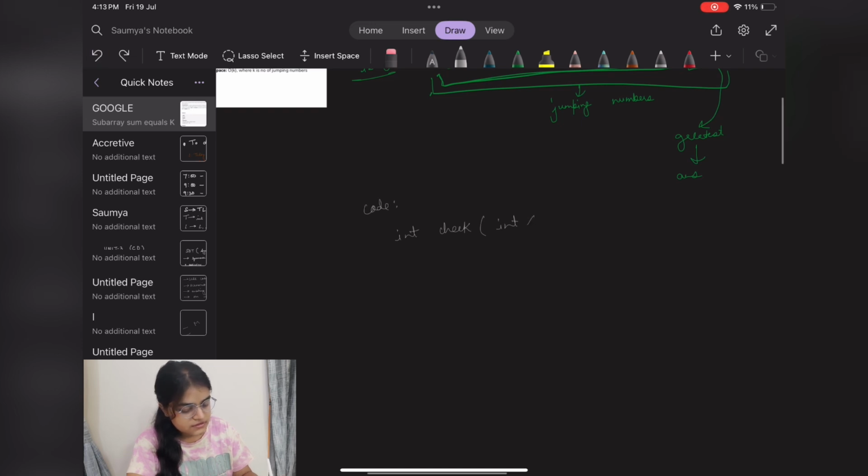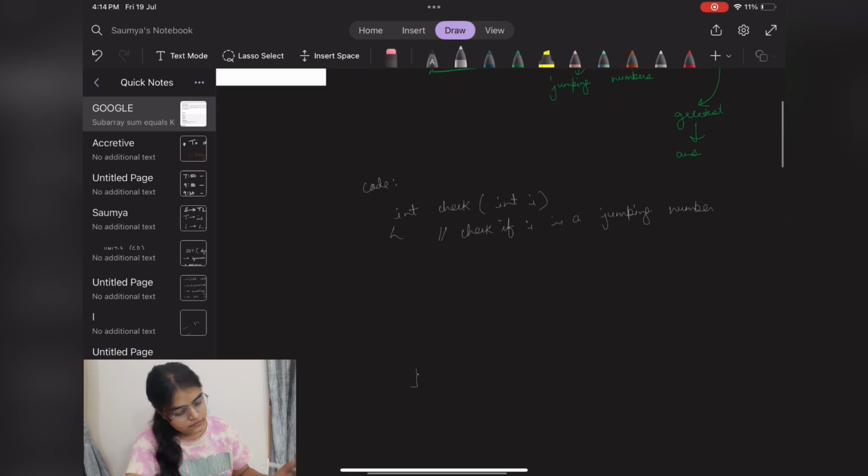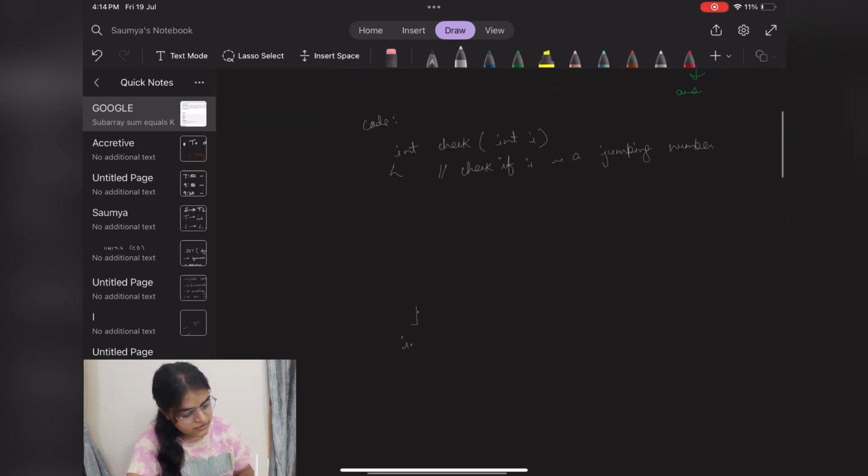Here we will be checking if i is a jumping number, and the main function will be int jumping, and the input is x.